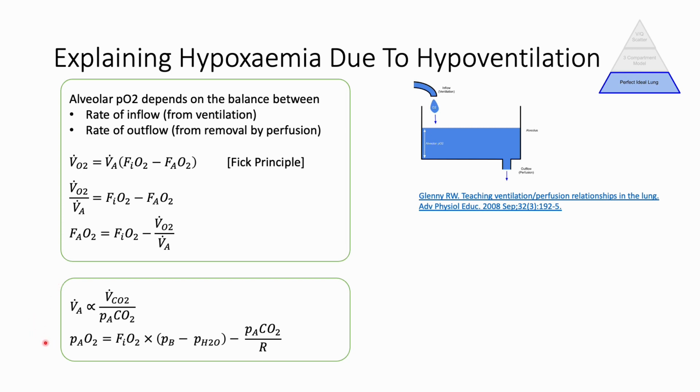So this second method is flawed in that hypoventilation causes both the increase in PCO2 and decrease in PO2, but it's not the increased PCO2 that actually causes the reduction in PO2. It's an association rather than a causation.